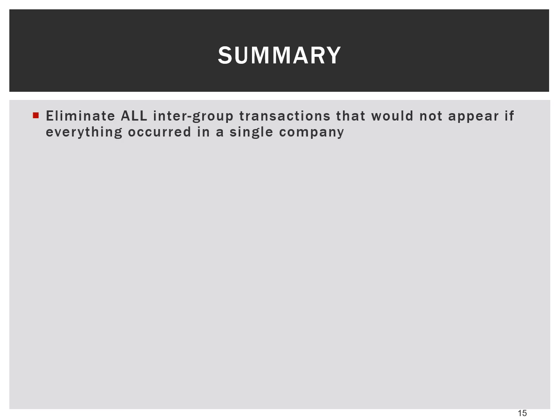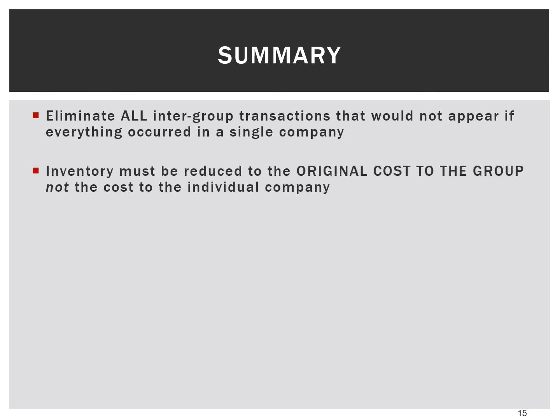So just a quick final recap on the profit and loss account. The first thing you need to remember is that all intergroup transactions that wouldn't appear if all trading was carried on by one company need to be eliminated. That's the overriding thing. And inventory, any stock, must be reduced to the cost to the group as a whole, not the cost to the individual company if those items have been sold in between group companies.